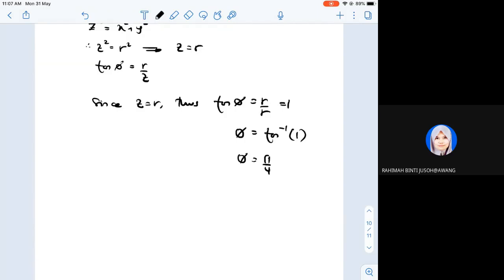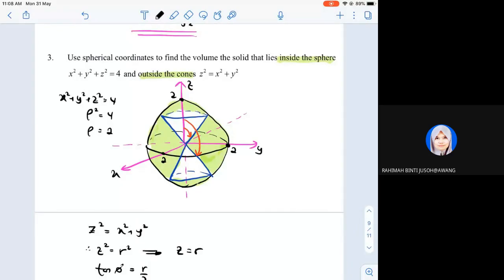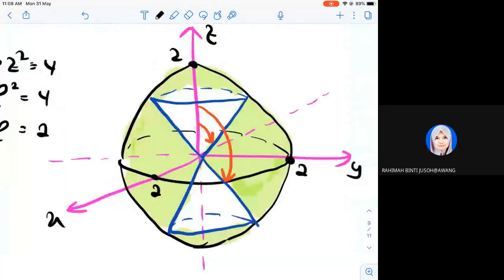Okay, now the second phi; the first one is pi over 4. So how do we determine the second phi? Okay, now from here to here is 180 degrees, isn't it? From top to bottom is 180 degrees. So here is 45 degrees. Okay, so how do we identify the second arrow, the bigger red one?